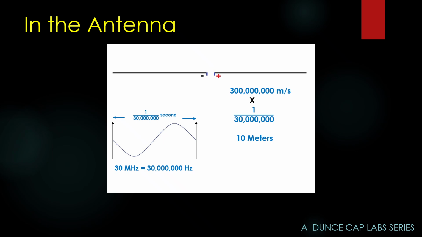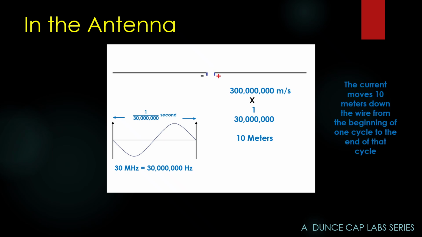This is where we get the idea that a 30 megahertz signal has a wavelength of 10 meters. So one more time, the current moves 10 meters down the wire from the beginning of one cycle to the end of that cycle. That's fundamental to what we're going to talk about for the next 5 minutes.